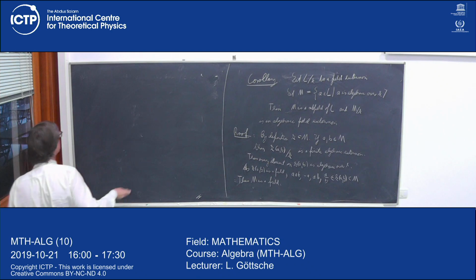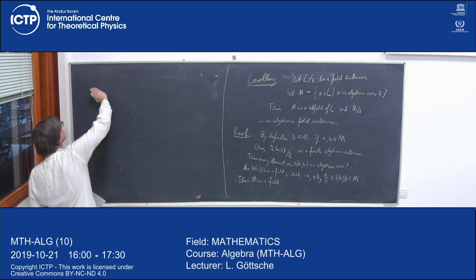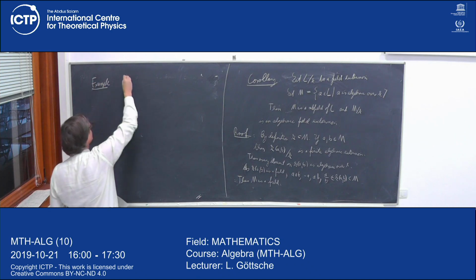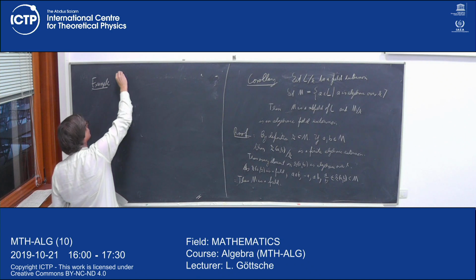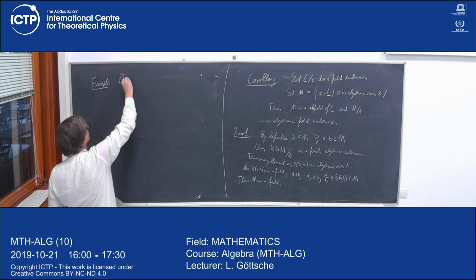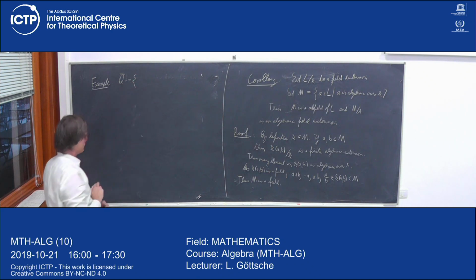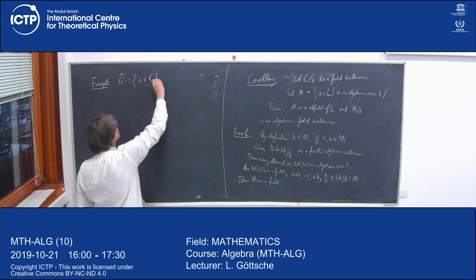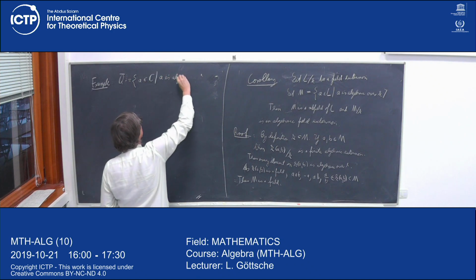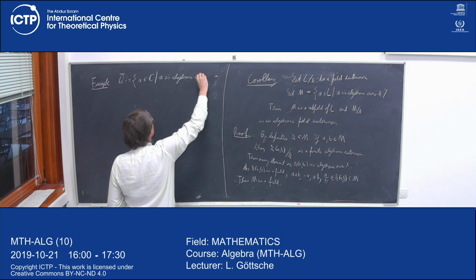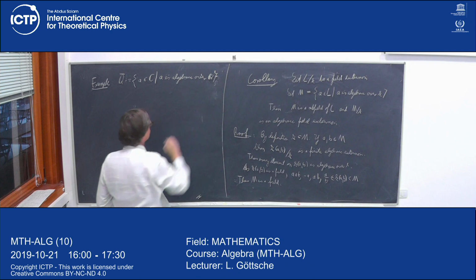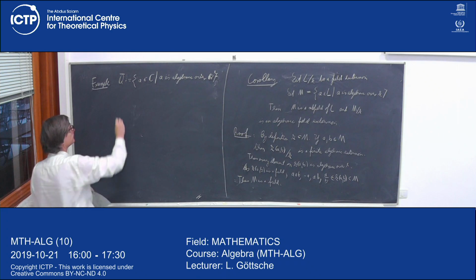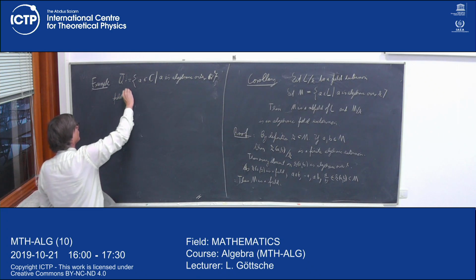You could look at, so put Q bar, we define this to be the set of all, say, elements A in C such that A is algebraic over Q. This is called the field of algebraic numbers.